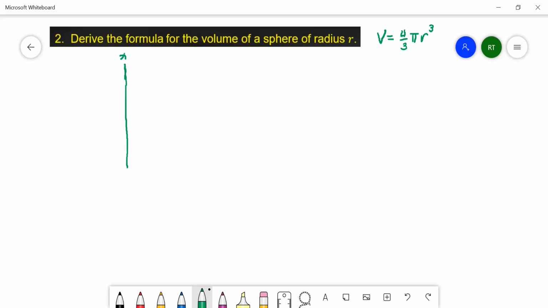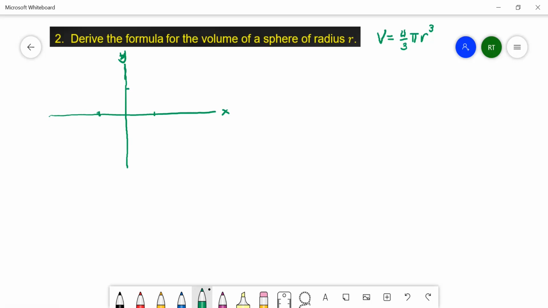Consider this as the x-axis, the y-axis, and of course the horizontal axis is the x-axis. And we are going to consider a circle whose radius is equal to r.